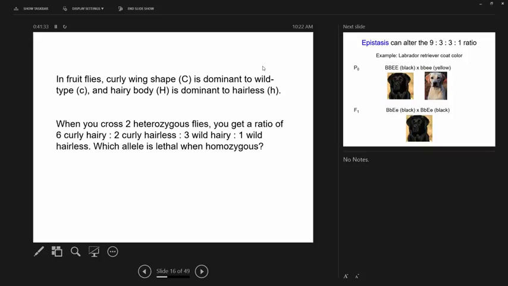Right? So because these two have the right number of members in the class, we can rule out little c and little h as being lethal, right?